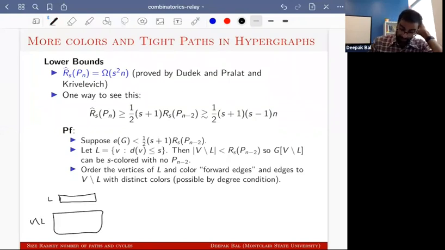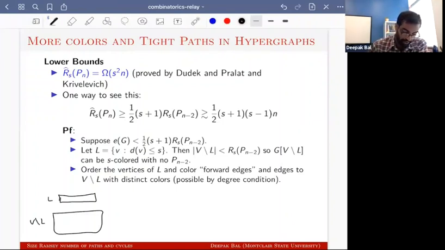By low degree vertices, I mean vertices of degree less than or equal to S, where S is the number of colors. Well, then this assumption gives you a bound on the number of vertices in V minus L. Just by rearranging this, you get that V minus L is of size at most the ordinary Ramsey number of Pn minus 2.